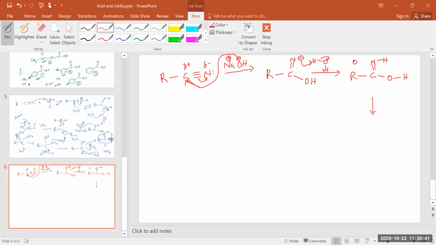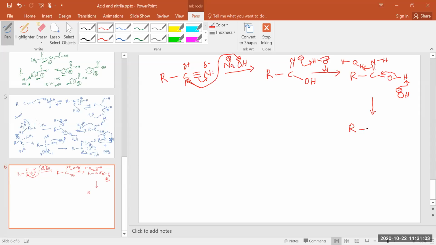Okay. So next step, what will happen? This again will take, under basic condition, this OH is acidic. So this will come here, and this will take a proton from water. Okay.